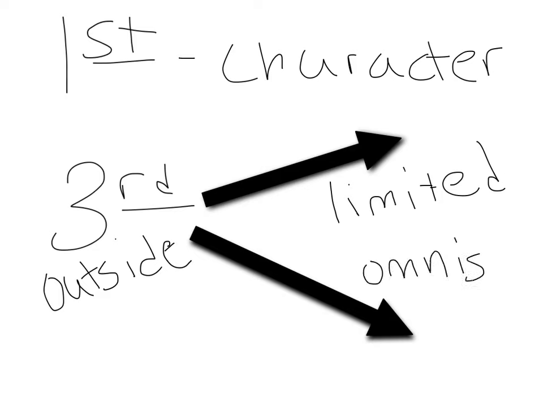I'm going to run out of room to spell it here, but an omniscient third-person narrator is a narrator that can see and know everything, even into everyone's heads, whereas a third person limited would maybe only know one person's thoughts and actions or a couple people's thoughts and actions.